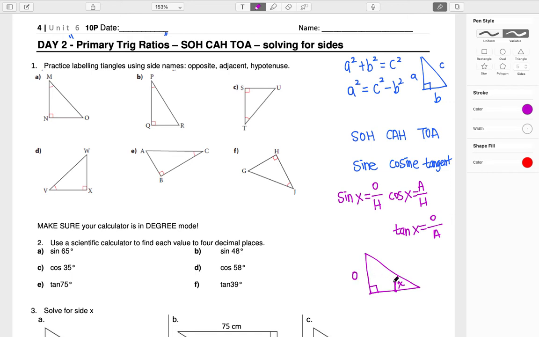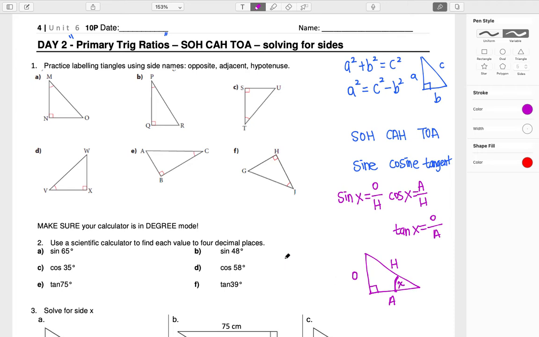It's opposite from my given angle. And then hypotenuse is always opposite from 90 degrees. And the remaining side is adjacent, right beside the angle.